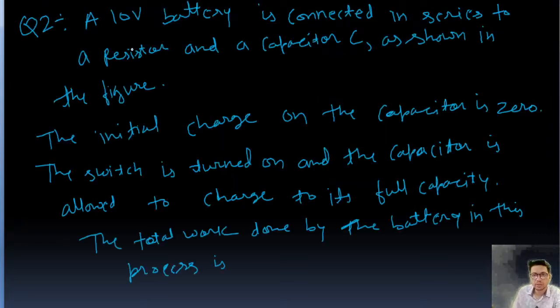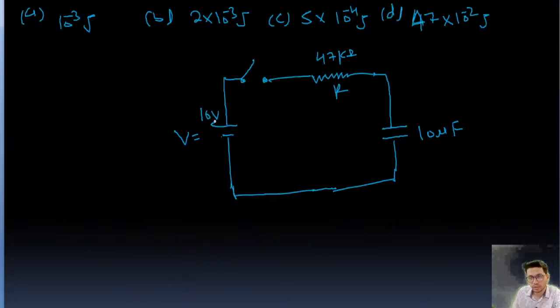Now I'll read the question. A 10 volt battery is connected in series to resistor and capacitor C as shown in the figure.